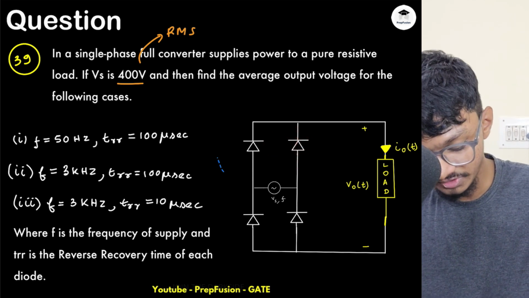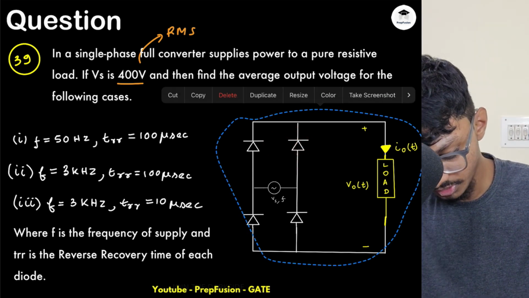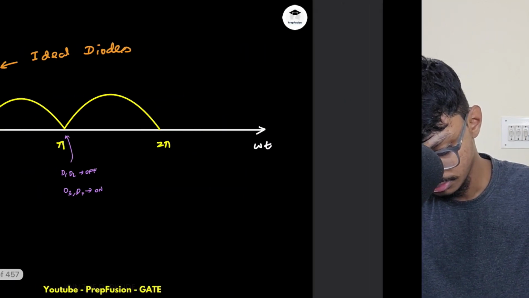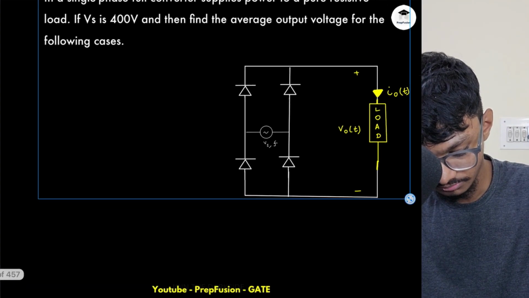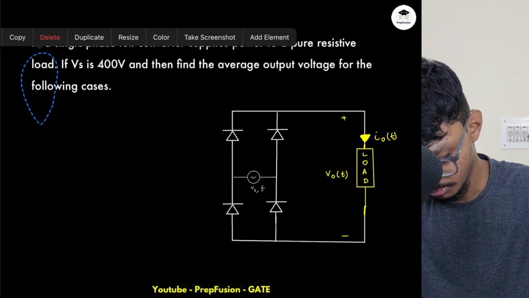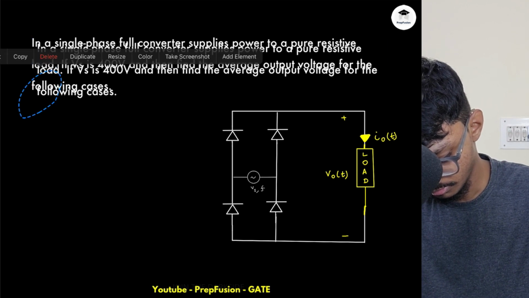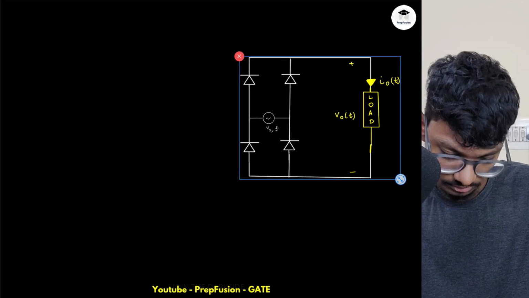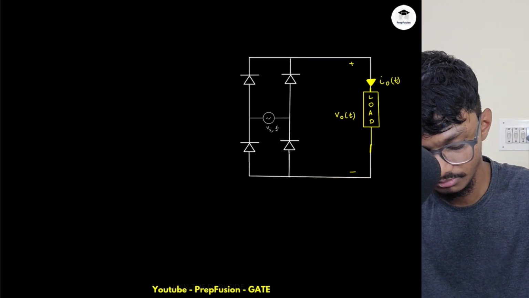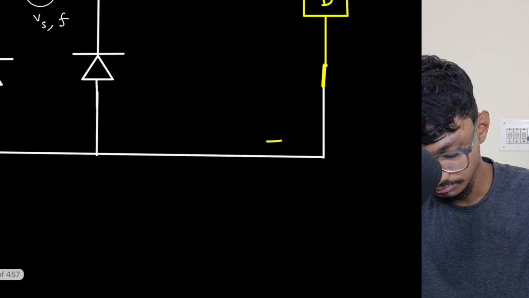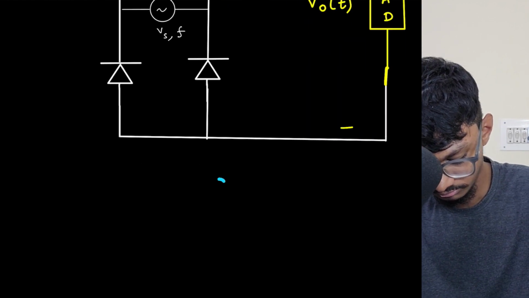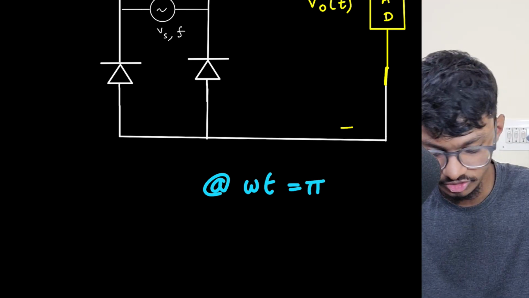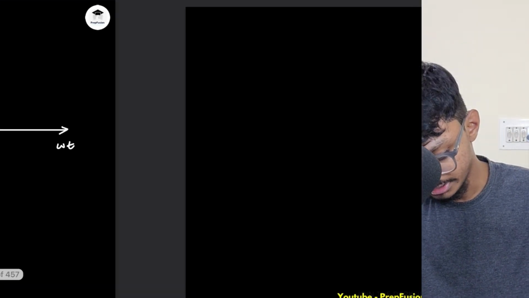If I draw the circuit just at omega t equals pi, I didn't name these diodes.